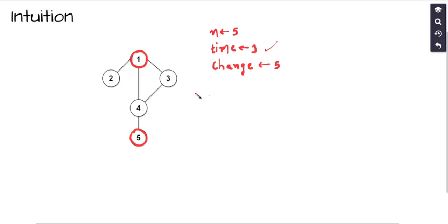Before we jump to the final solution, I'm assuming at this point that you know how the Dijkstra algorithm works, because I will be solving this problem using that algorithm. So what do we do in Dijkstra algorithm? Basically we have a source node and a destination node.